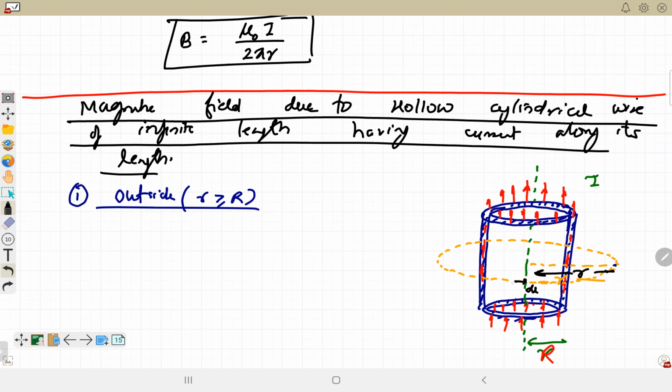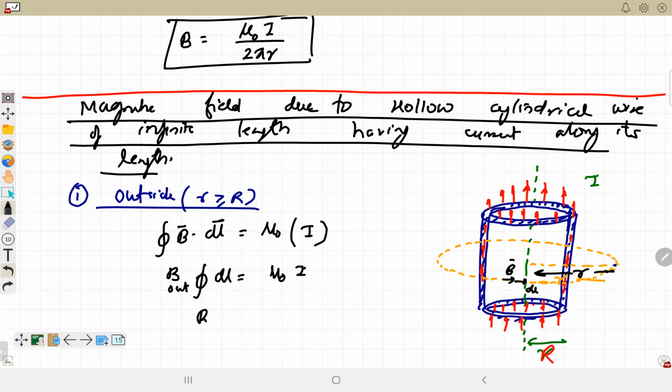Integral of B dot dl, integrate this. Integration of B dot dl will be mu naught times total current, और total current इधर अंदर कितनी है? I. The total current inside is I only. Integrate this. B and dl are in same direction, so फिर से ये formula. Outside के लिए the formula will be same. Magnetic field outside, dl को integrate.